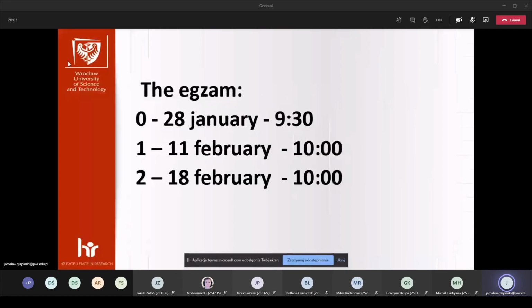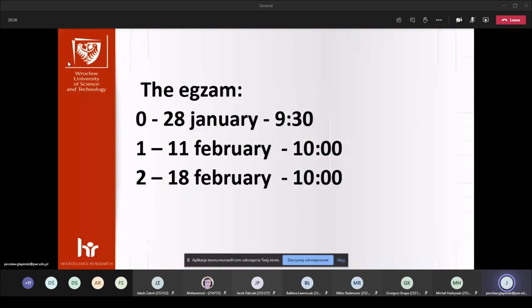And first about the exam. As I was talking on the first lecture, I proposed a zero exam on our last lecture, on the 29th of January. So it will be the zero exam. This is just an additional time for you to pass the exam. And then in the session, we've got two terms of the exam.